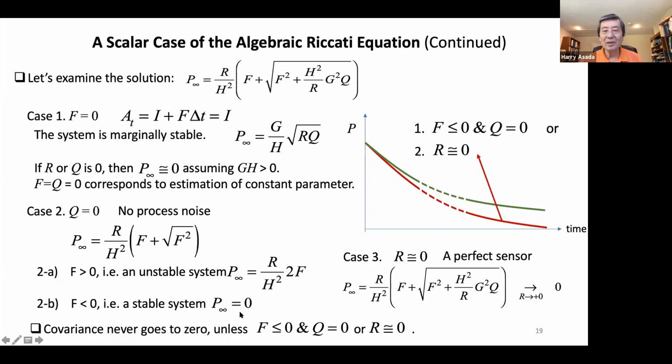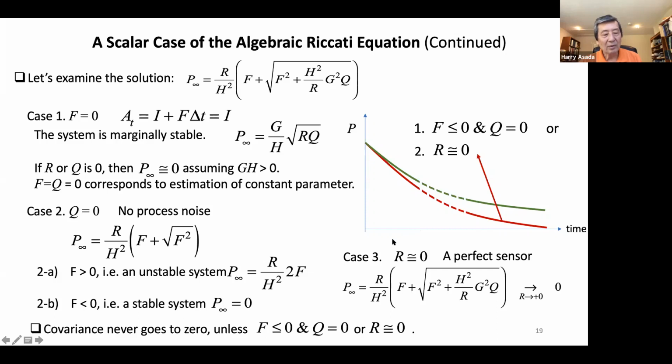This is one lucky case. If the system is stable and there is no process noise, then at the end of the day you get the perfect measurement. Now, as far as the sensor noise is concerned, R can't be negative or perfectly 0. But some good sensors have an extremely small R, so that's very close to this.